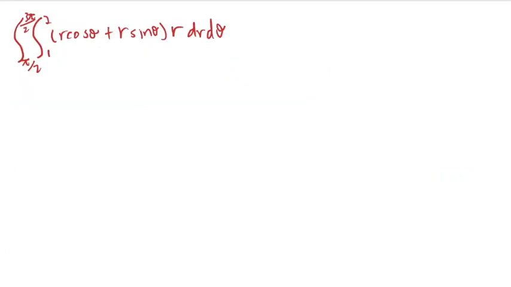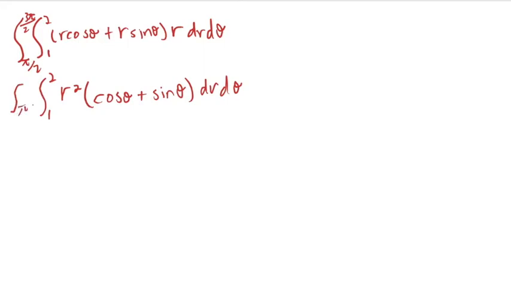In order to solve it out, we're going to take out all the r's. So it's going to be r squared times cosine theta plus sine theta. Now when we take dr, we can get rid of anything with theta in it because it's considered a constant currently. So we can pull it out and put it over here.